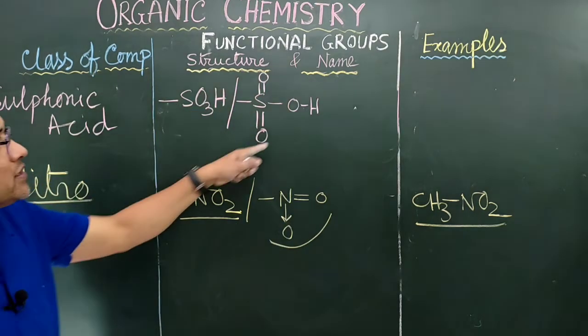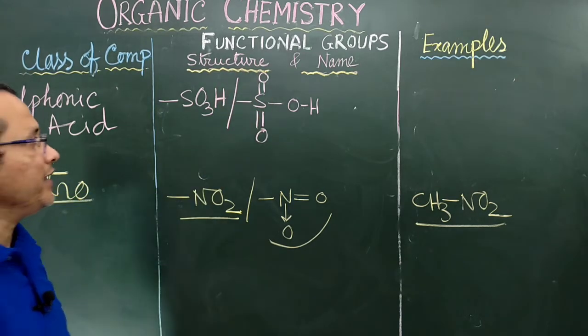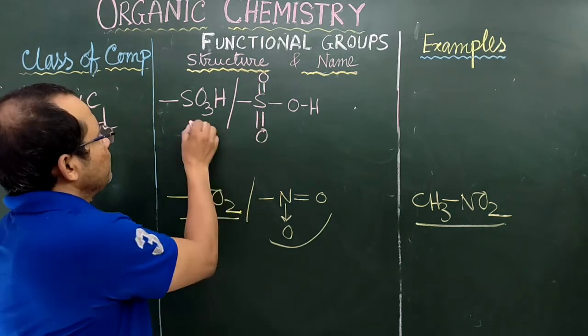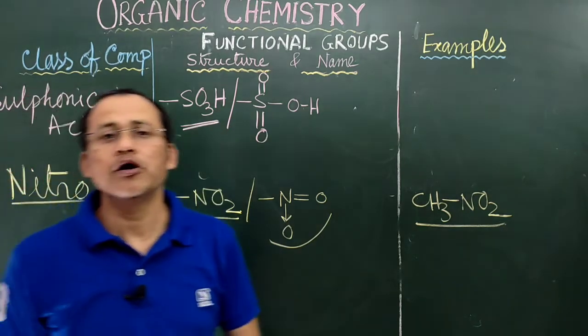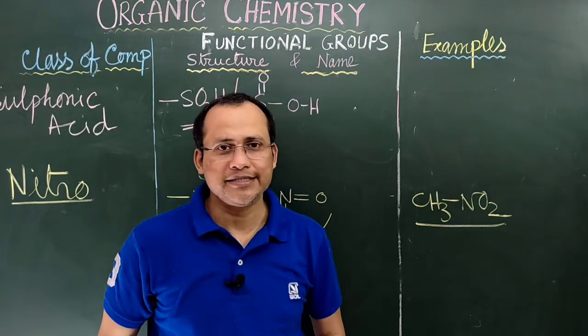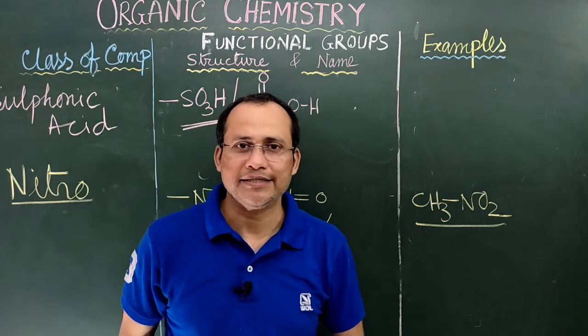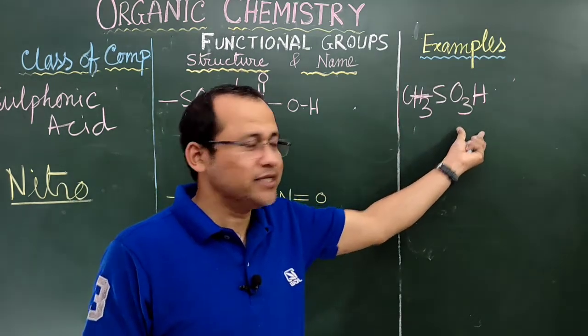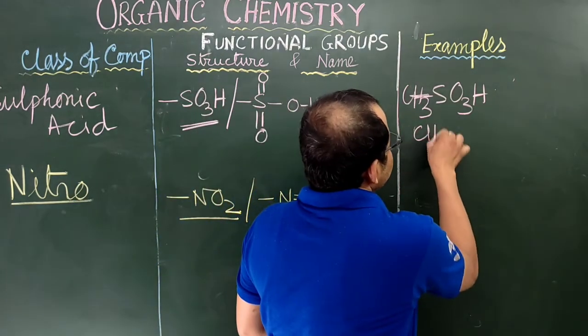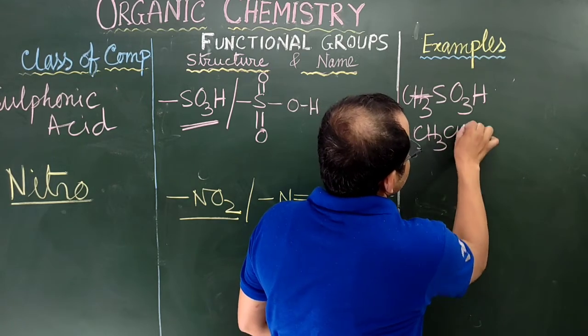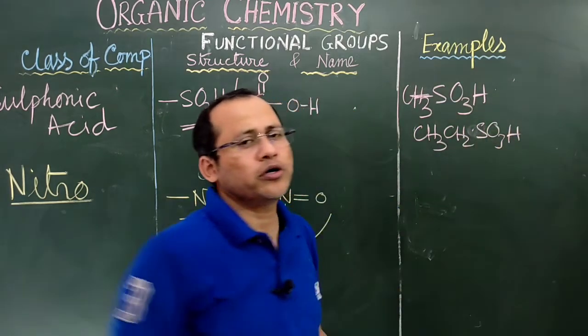So this is the sulfonic acid group, and due to the presence of this group, the compound will also be acidic in nature, like carboxylic acid. Ethyl sulfonic acid, we may have many more in this way, and so on.